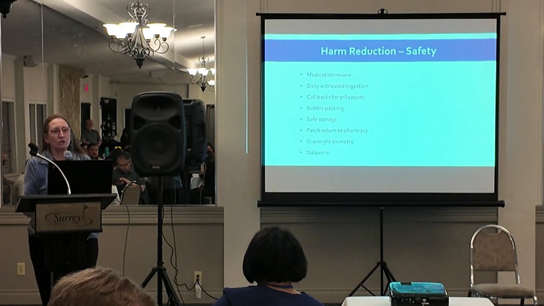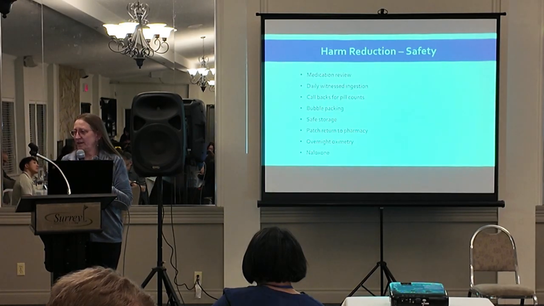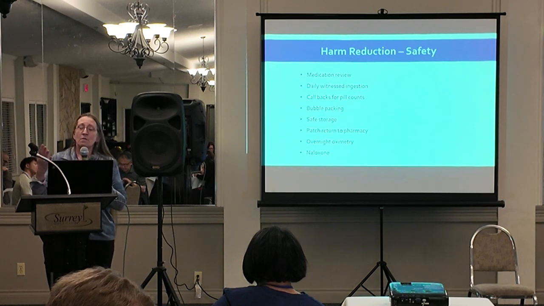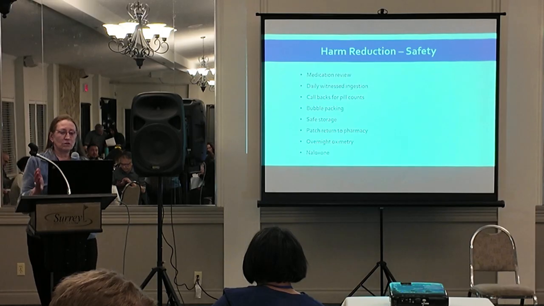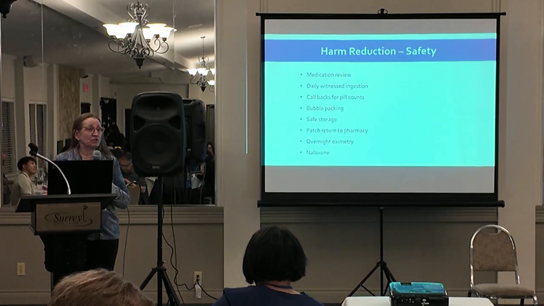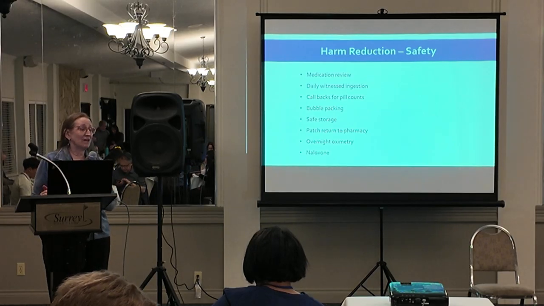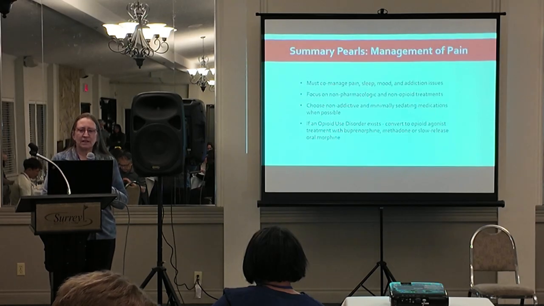Everybody who's prescribed an opiate should have a naloxone kit with them, even if it's for pain. And that signals to the patient that it's important, and their bed partner needs to learn how to use it too. Half the time people overdose, it's actually not the person the opiate was prescribed to, it's someone else in the household who got a hold of it. So we need to be conscious of that.